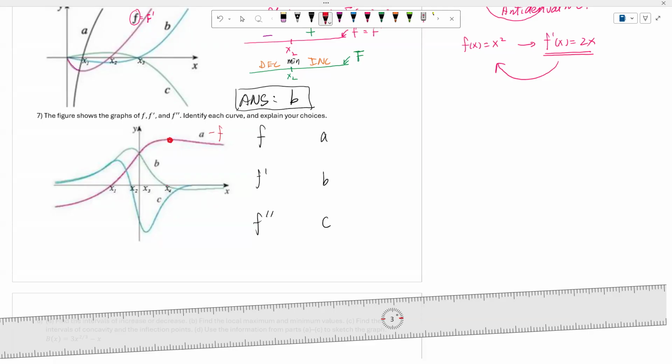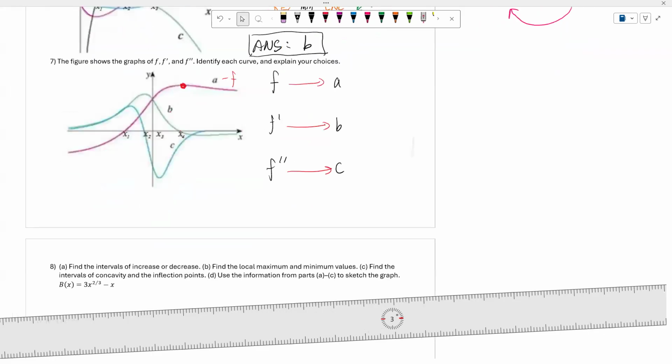So you will see that for the function b, we have positive and then negative. Oh, so if a is f, then b must be f prime. And if b is f prime, then of course c, we just found out that c is the derivative of b, so c must be f double prime. Therefore, this should be the match that we have.